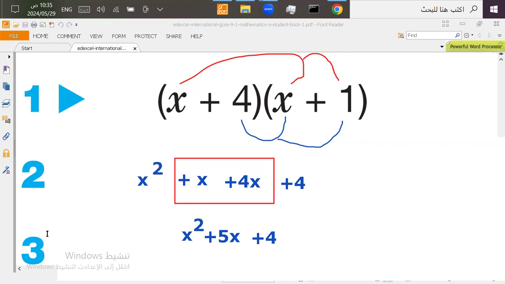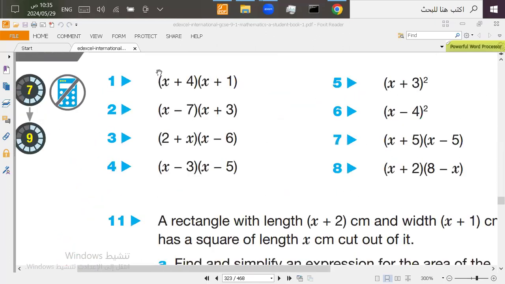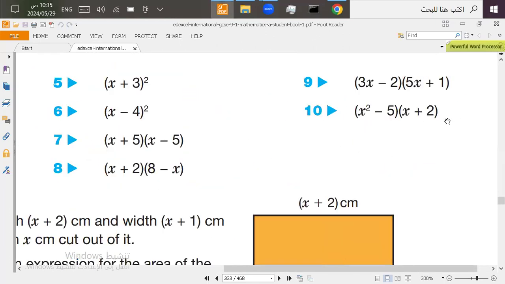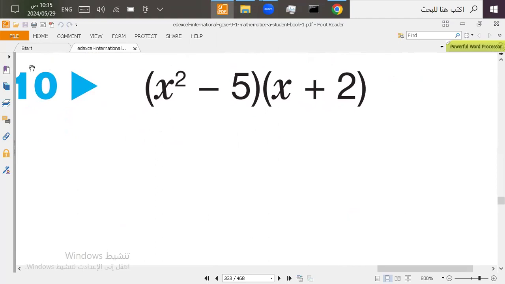Now let's take a look at a question that might have more ideas to it. For example, question 10 here. In question 10, same idea, I'm going to expand and simplify. So I'm going to take the first one, multiply it by the first one here, and then the second one. Same idea with the second one in the first bracket. So multiply by the first one and the second one. So x squared times x is going to be x power of 3.